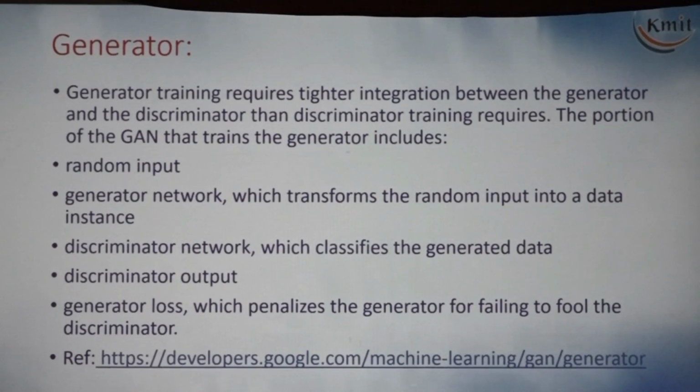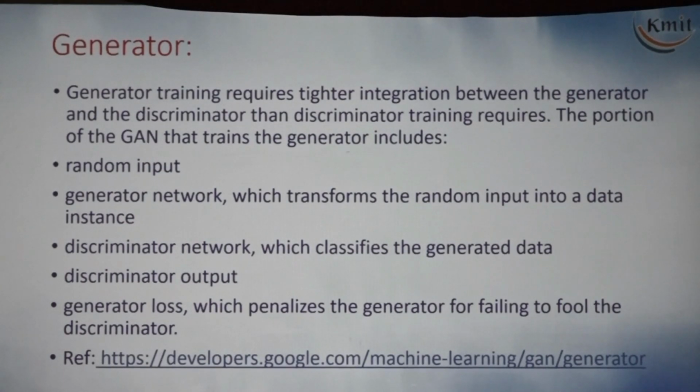In the original GAN paper, they used the artificial neural network, that is the ANN, with dense layers only. But if you use convolutional layers, then it is the deep convolutional GAN, DCGAN.